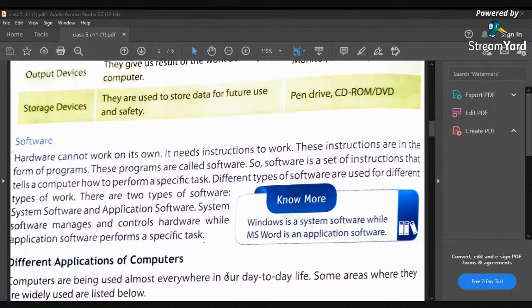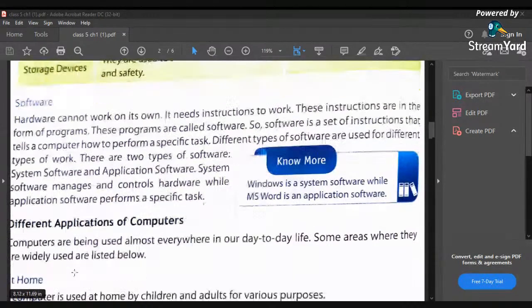There is a lot of work you can do with it: MS Word, MS Excel, MS PowerPoint, MS Paint. You can do all this work with the help of application software.